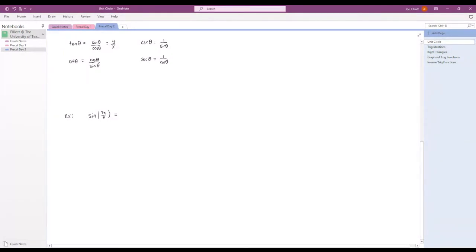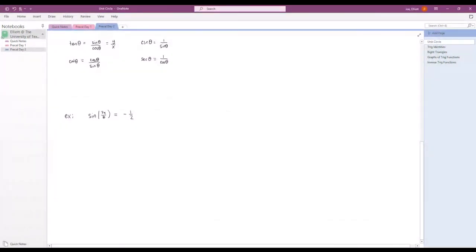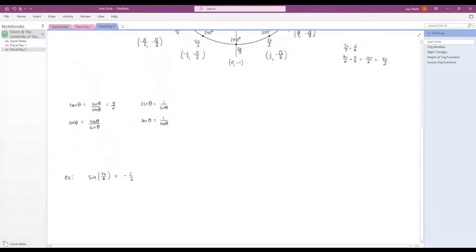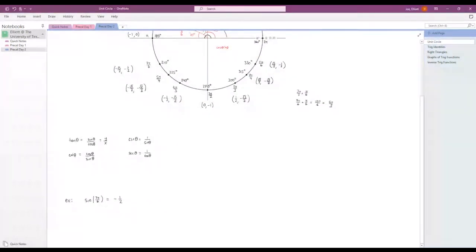Okay, all right, so it's negative 1/2. That is correct. So if you are looking at a unit circle, you could look at the angle of 7 pi over 6, and then sine is the y-coordinate, and the y-coordinate was negative 1/2, okay?